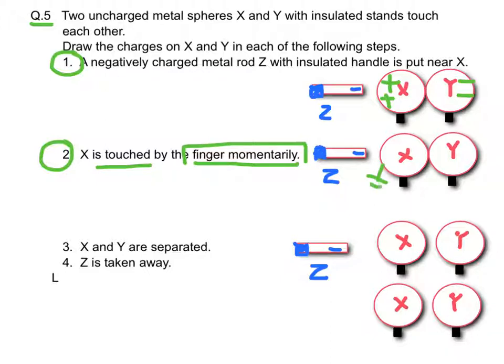When X is earthed, the positive charge remains there and the negative charge on Y will be earthed. After the finger is removed, X remains positively charged, but Y becomes neutral.